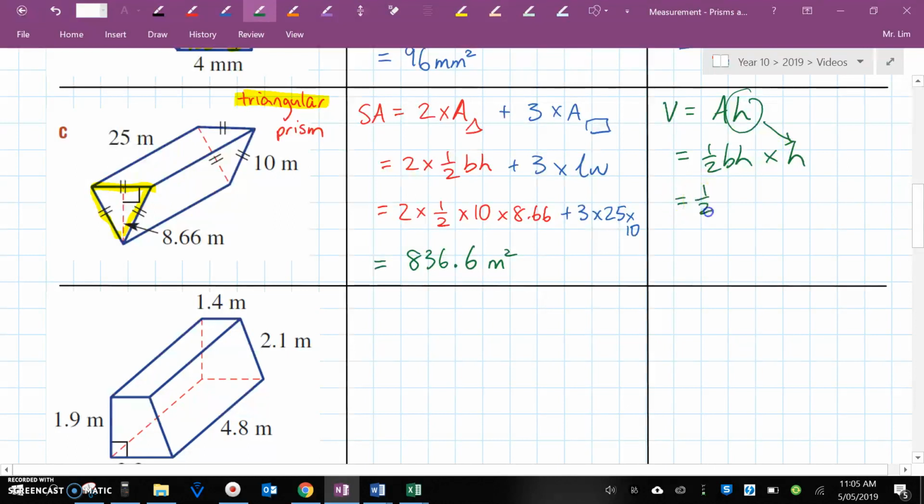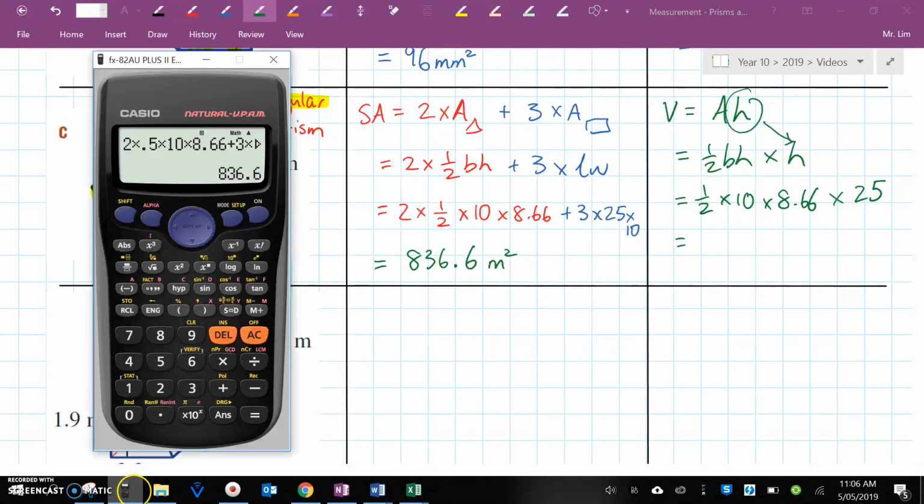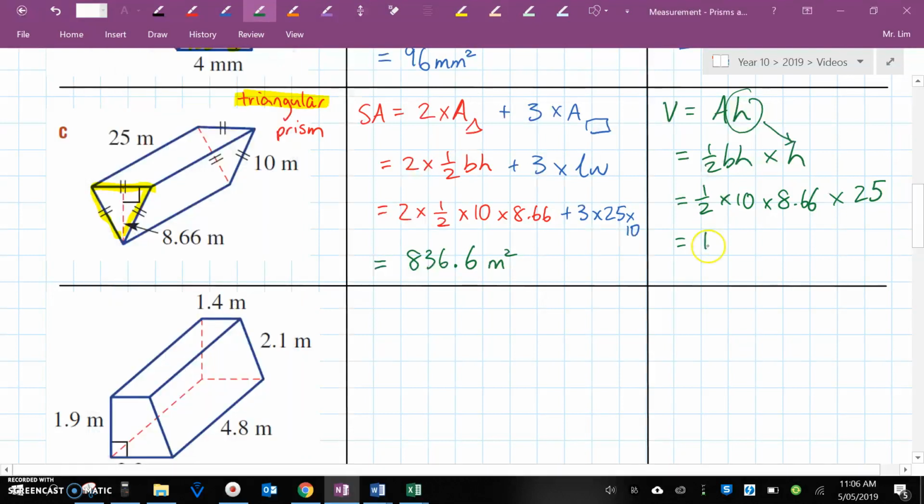That gives us half times 10 times 8.66 times 25. 25 is the perpendicular height. So let's put that in our calculators. Half times 10 times 8.66 times 25 is 1082.5 meters cubed.